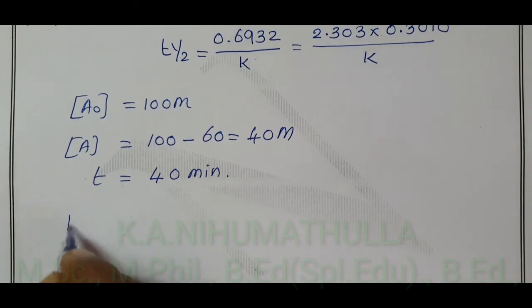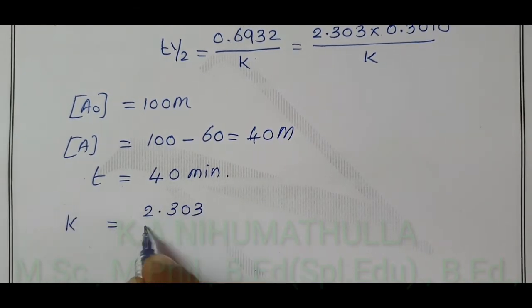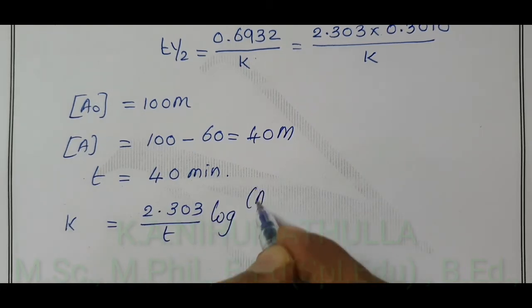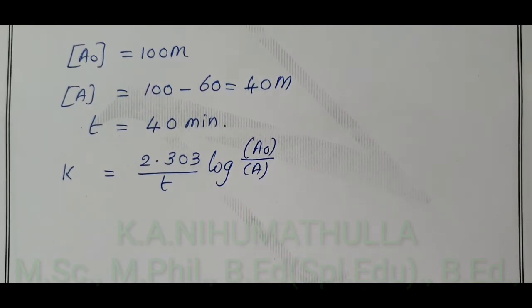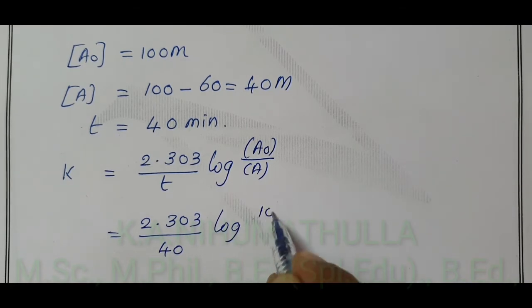Now, the first order rate constant K is equal to 2.303 by t into log of concentration A0 divided by concentration A. That is equal to 2.303 by 40 into log of A0 100 divided by A 40.